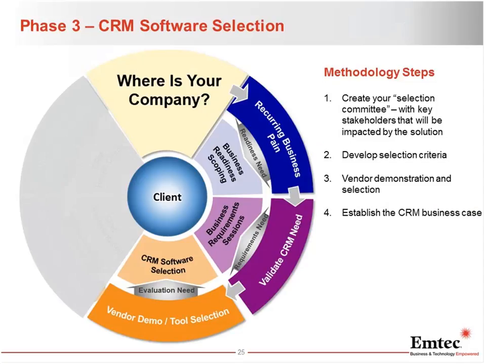So rather than trying to go out and pick a tool that's the most robust and does the latest and greatest, we really need to pick a tool that has a good price point to be able to meet the needs of the business and the functional groups that we're designing it for.